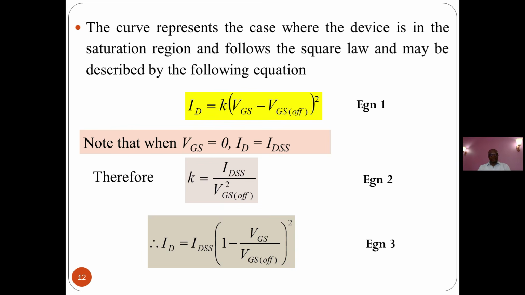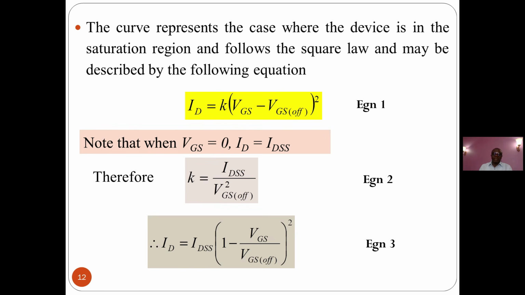So if we substitute VGS equals 0 and ID equals IDSS into equation 1, we get the value of K to be K equals I subscript DSS over VGS at cutoff squared. We call that equation 2 for easy remembrance.